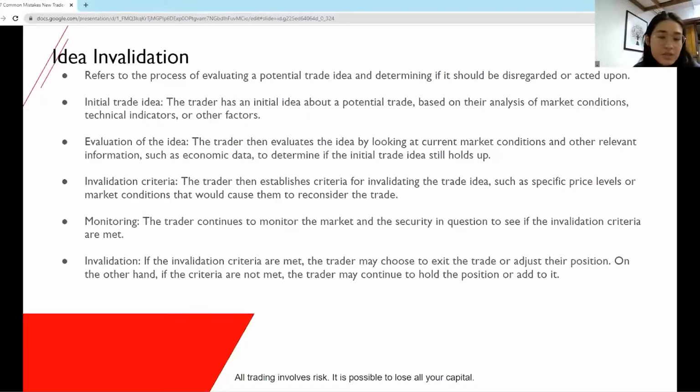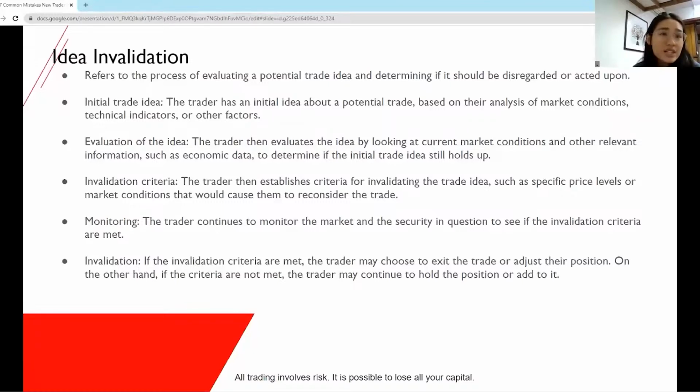First, we have the initial trade idea. The trader has an initial idea about a potential trade based on the analysis of market conditions, technical indicators, or other factors. Then we have the evaluation of the idea. The trader evaluates the idea by looking at current market conditions and other relevant information, such as economic data, to determine if the initial trade idea still holds up.